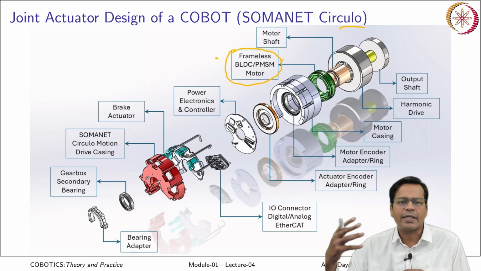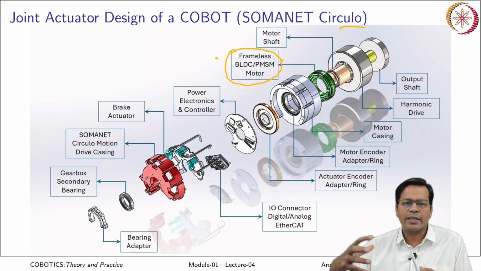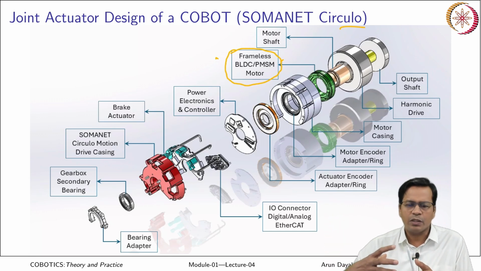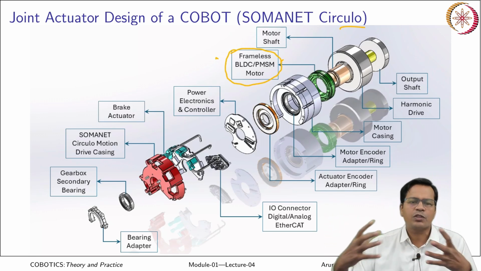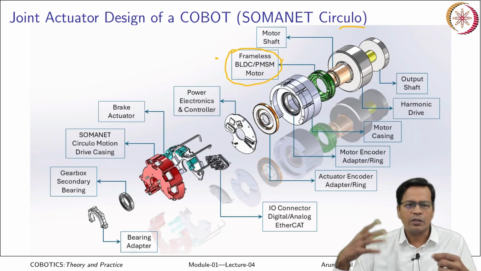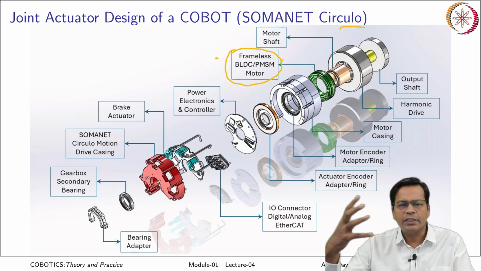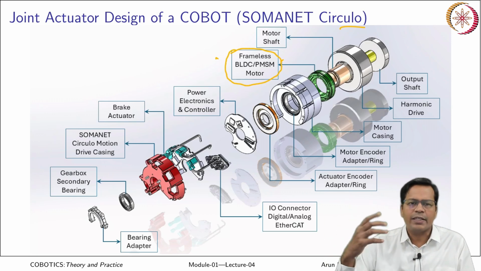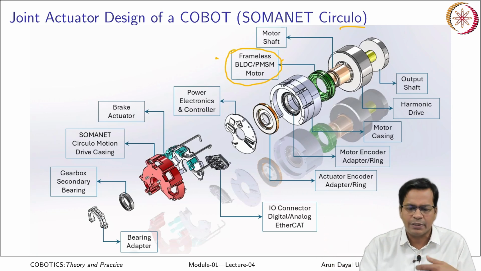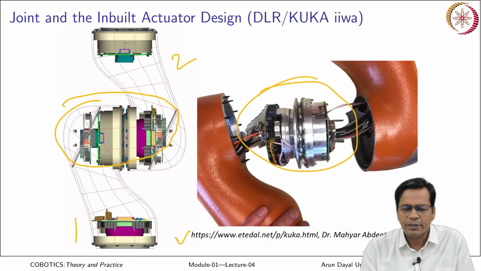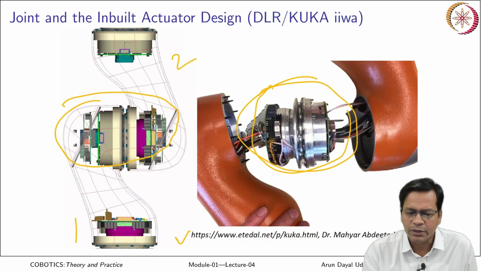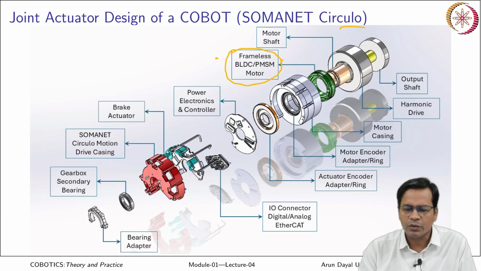You cannot have a packaged actuator like industrial robots, because this whole of this system has to be very light in order to reduce the inertia, so as to control any collision damage. So these motors are inbuilt inside the robot casing. The link itself you saw here provides the housing for this assembly. So that is why frameless motors are used.